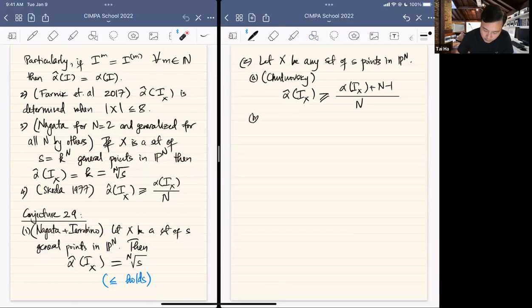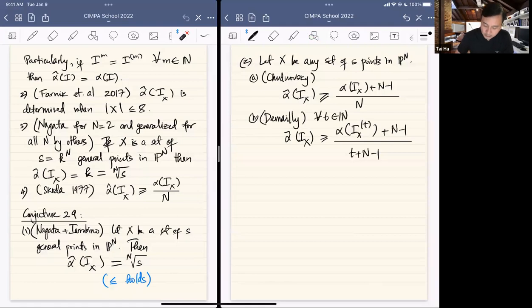and Dimai says that alpha hat of I_X is at least alpha of I_X to the symbolic t power plus n minus 1 over t plus n minus 1 for any positive integer t.